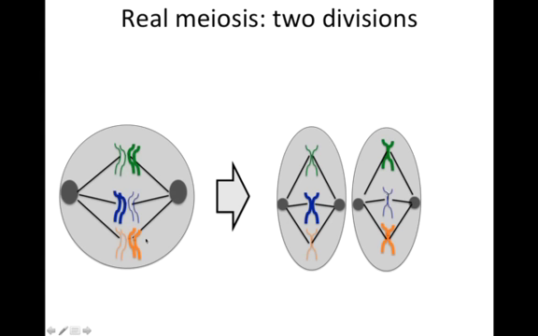Just these in the right cell and these in the left cell. So this is a full cell division that gives us cells with 2 copies each, 2 double-stranded DNAs for each homologous chromosome type.